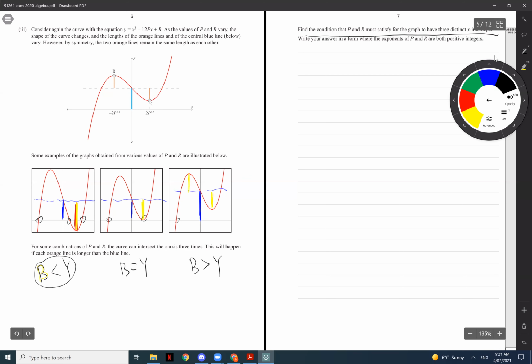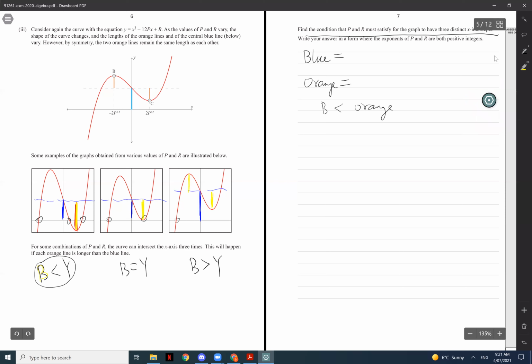So the question changes to finding the blue part and the orange part, and using blue less than orange. That's the idea. Okay, let's check the blue one. Candice, what's the blue one?